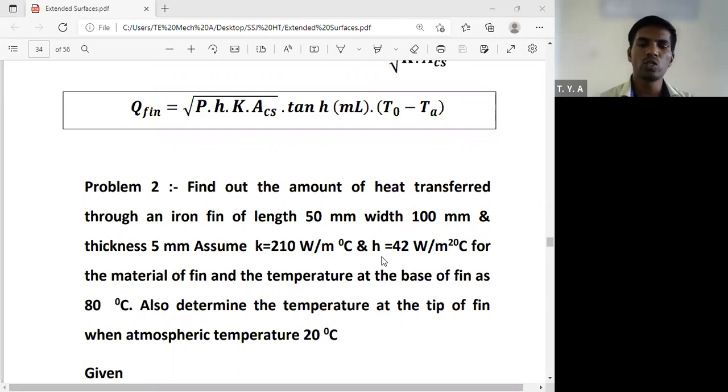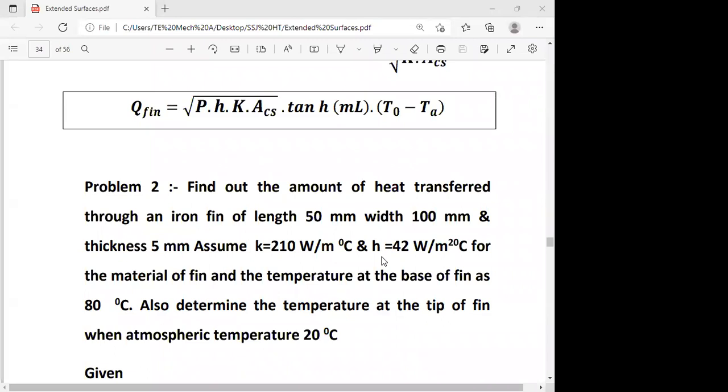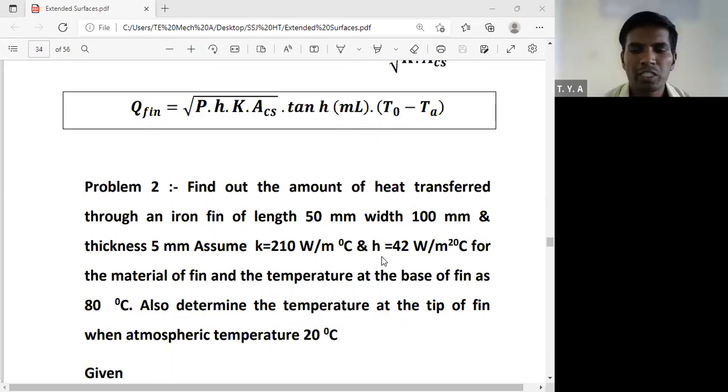Assume K is equal to 210 watt per meter degree Celsius and H is equal to 42 watt per meter square degree Celsius for the material of the fin, and the temperature at the base of the fin as 80 degrees Celsius.